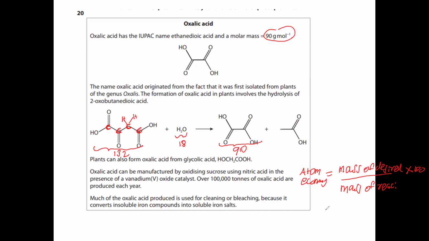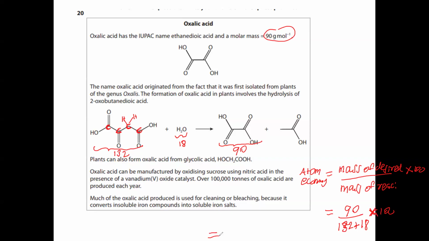So simply, atom economy equals 90 divided by 132 plus 18, times 100.